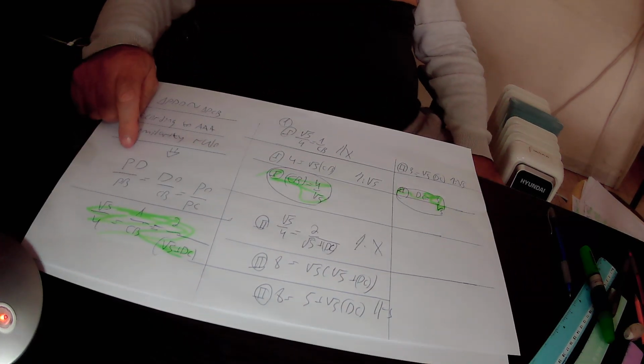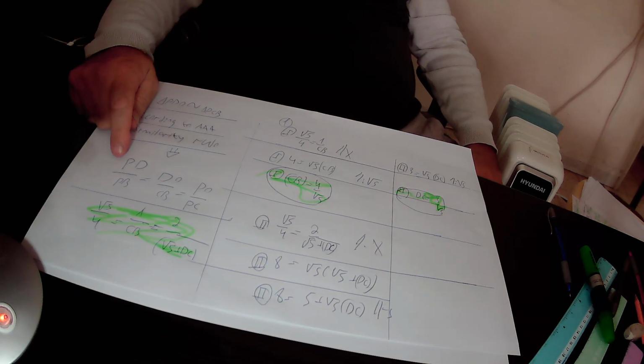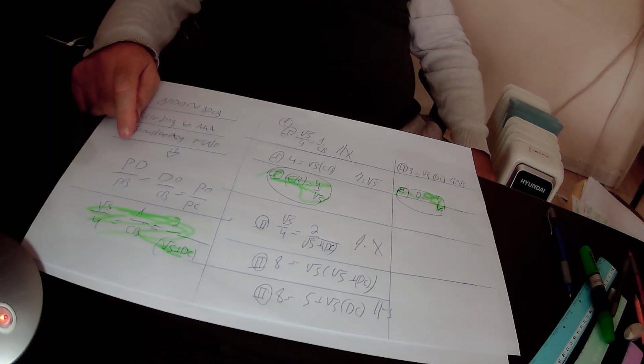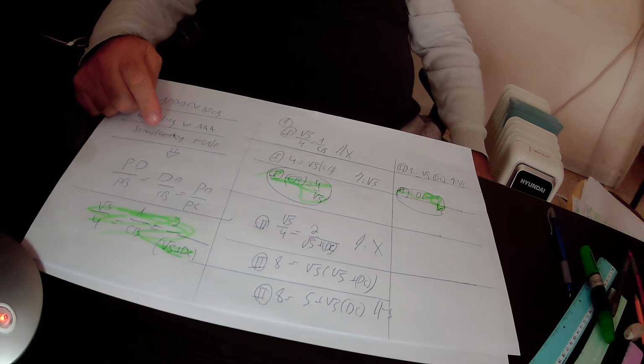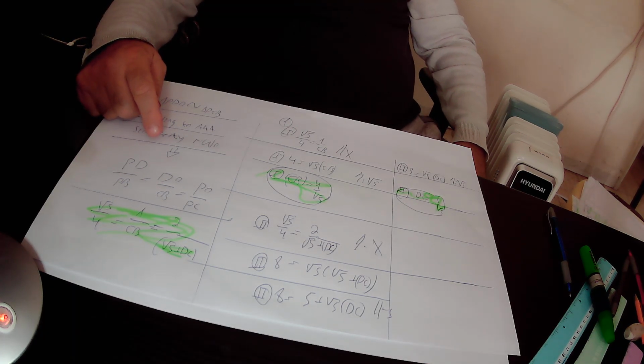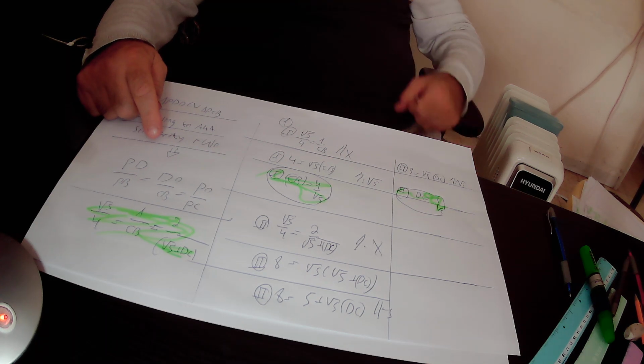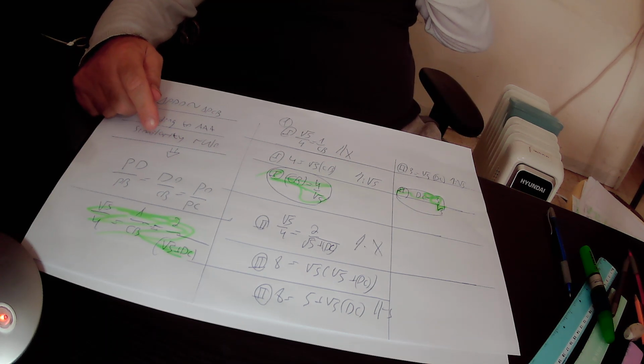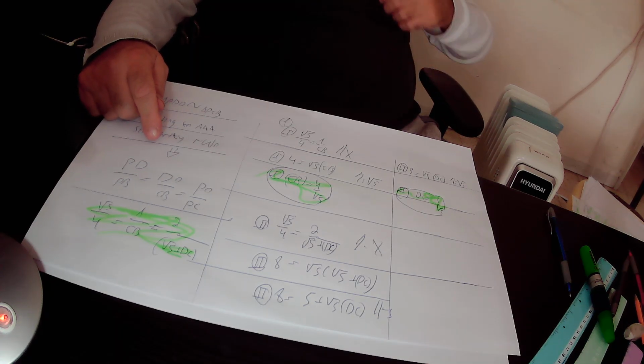Side PD of the small triangle PDO over side PB of the big triangle PBC is equal to side DO of the small triangle over side CB of the big triangle, and it is also equal to side PO of the small triangle over side PC of the big triangle PCB.